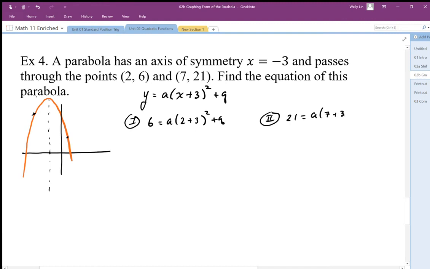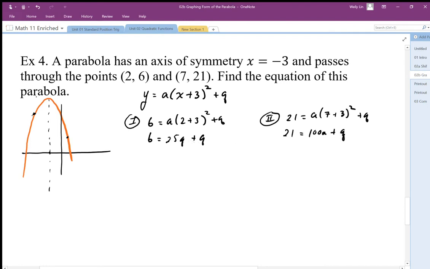(x + 3) squared plus q. So when I solve for this, I'm going to end up with 25a plus q. Equation 2 is going to be 100a plus q. The nice thing is I have my 2 variables, I have my 2 equations, and the q's match up.